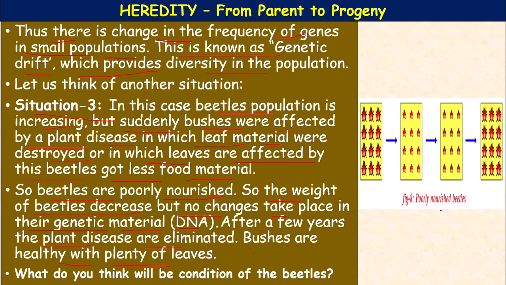Now, see how much difference there is from the poorly nourished beetles. Again, after the disease was eliminated, the bushes were green and healthy, and then once again they become normal.